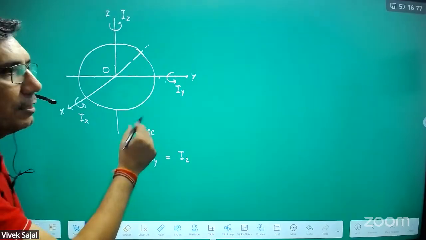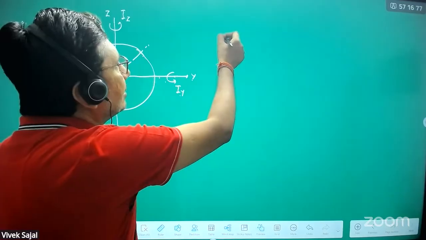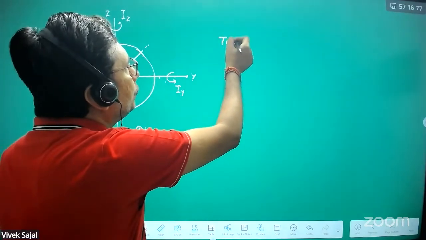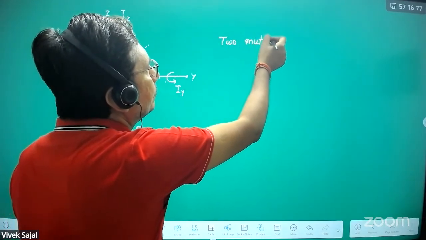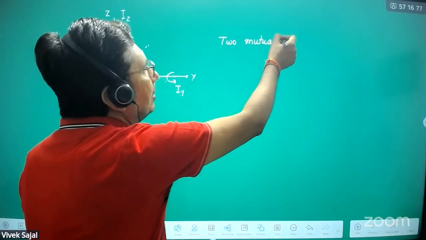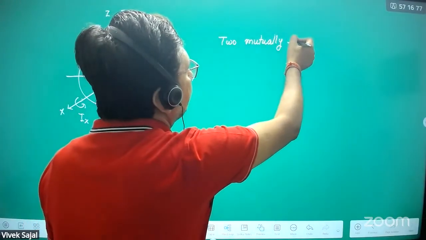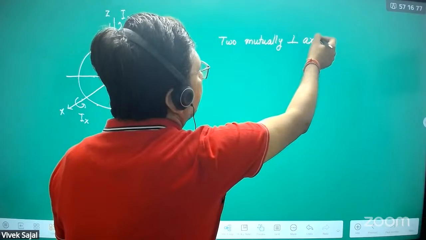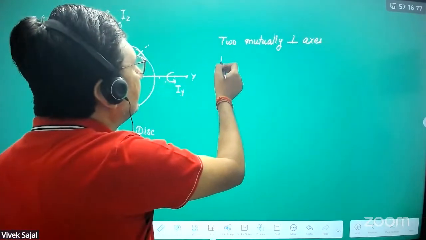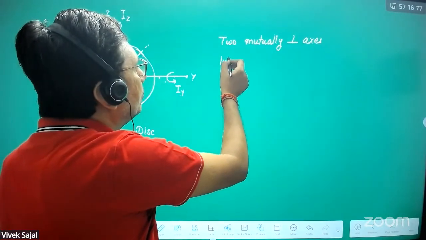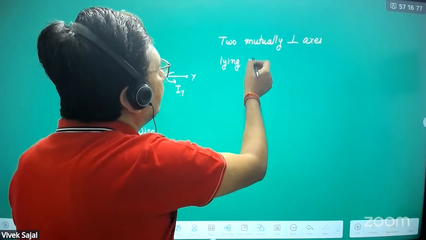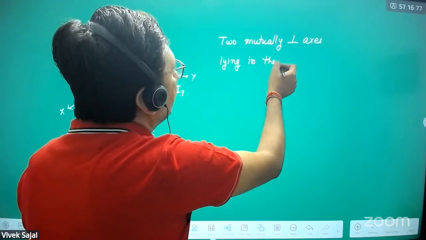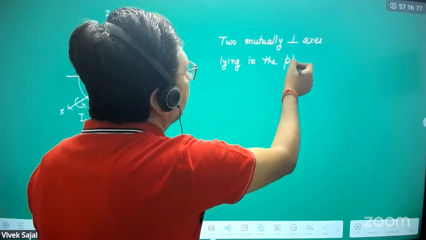So what is important here? First, two mutually perpendicular axes lying in the plane of the 2D body.